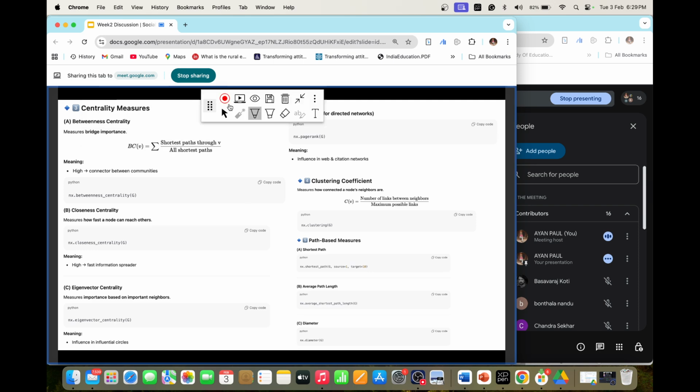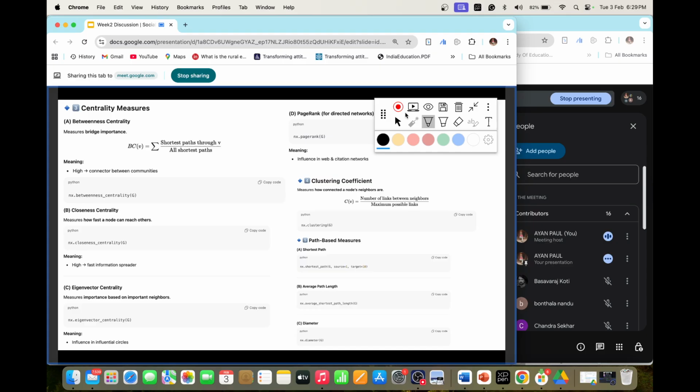And then you have the centrality measures. There are different centrality measures. Most common is betweenness centrality. Betweenness centrality measures bridge importance through shortest paths. Sigma means the addition of all the terms, so it is the sum of shortest paths through V divided by all shortest paths, computed for all the nodes, from 1 to n if there are n nodes.